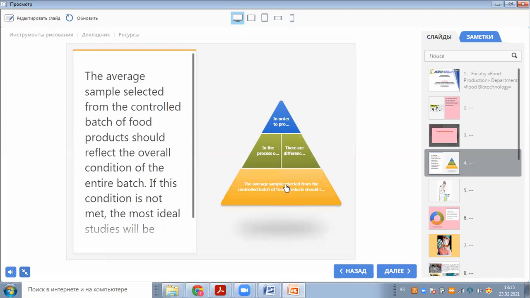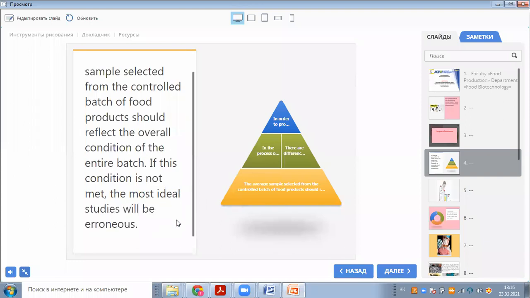And the average sample selected from the controlled batch of food products should reflect the overall conditions of the entire batch. If these conditions are not met, the most ideal studies will be erroneous.